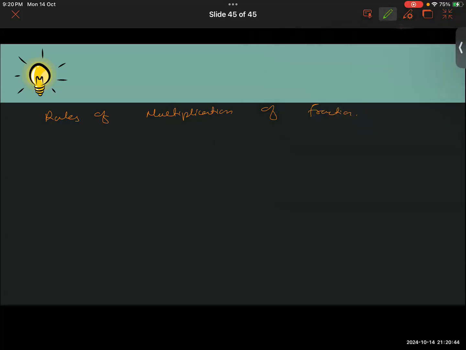So the first rule says that if the fraction is a mixed fraction, then we first convert it into an improper fraction. Then only will we continue further. After this only we'll be multiplying the fractions.